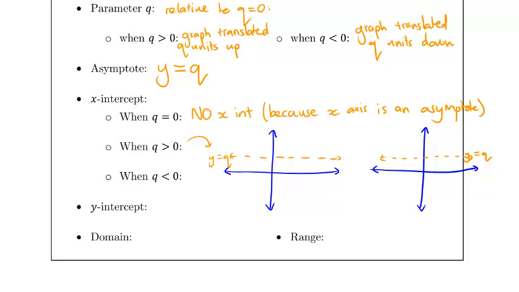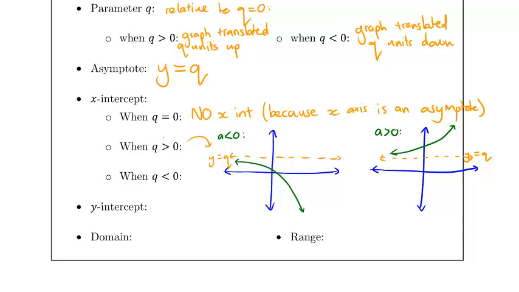Now, let me show you what happens if I had an a value that was negative versus an a value that was positive. If I have an a value that's positive, then I have a graph that lives only above the asymptote. Whereas if I had an a value that was negative, I would have a graph that only lives below the asymptote. Look what we have here.